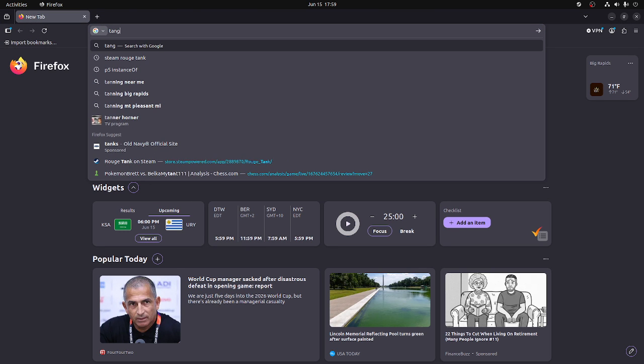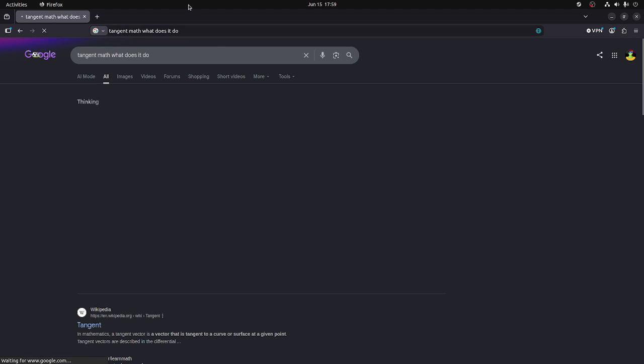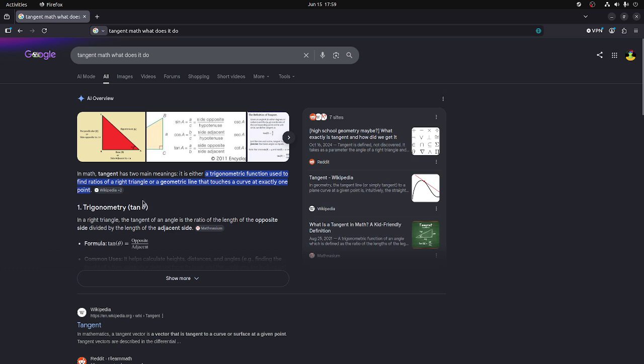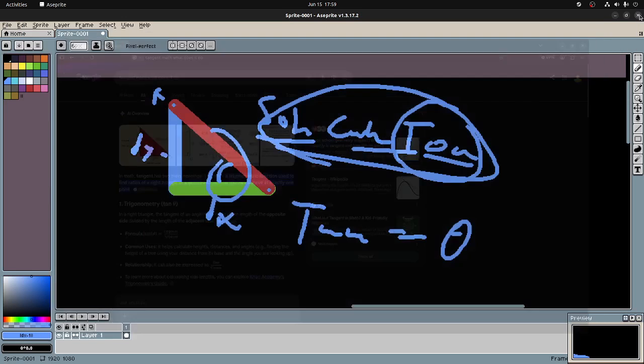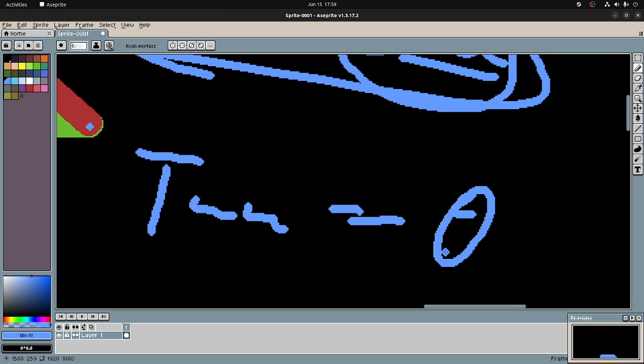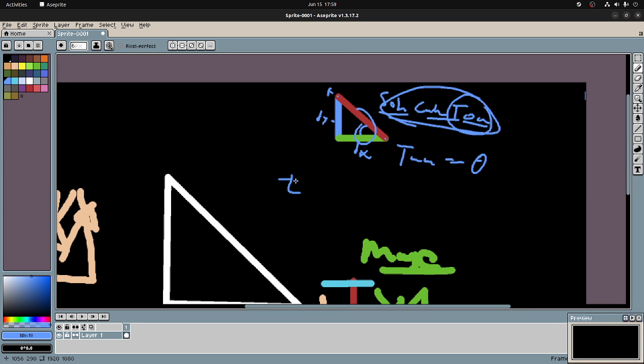So tangent math, what does it do? Yeah. So the tangent of the angle is opposite over adjacent. So that's the key point. What I'm saying here is the tangent of our theta is our opposite over adjacent.